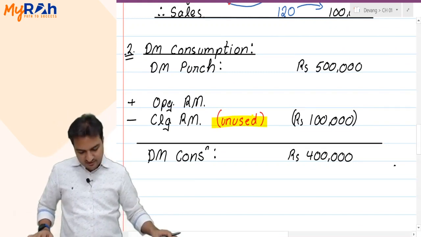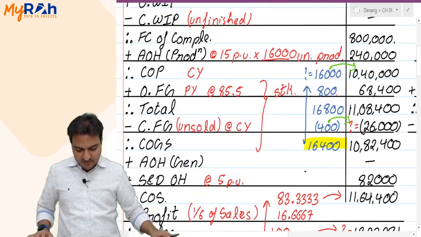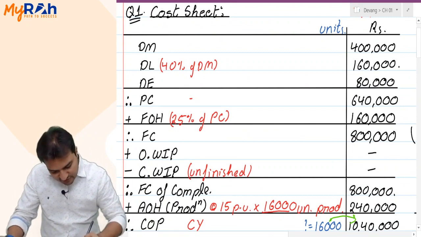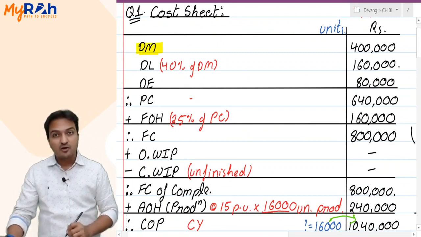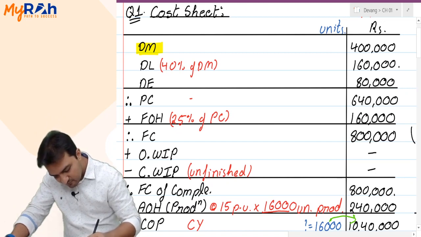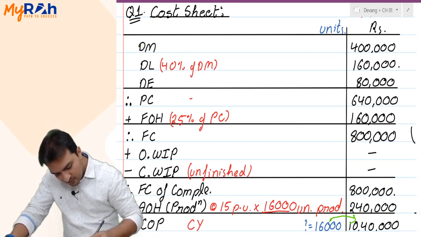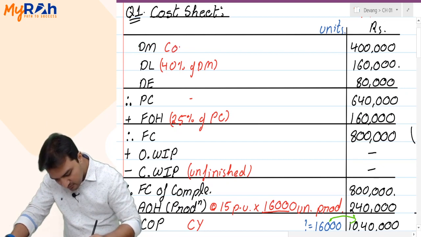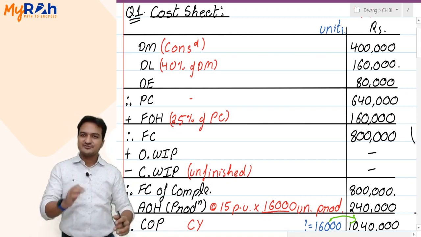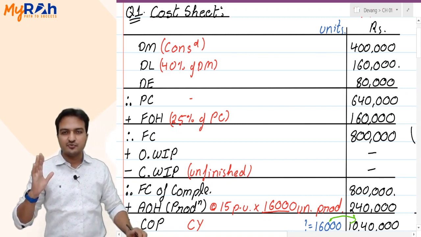Due to this, now I can say that the direct material which I show here in the cost sheet has to be the direct materials consumed.